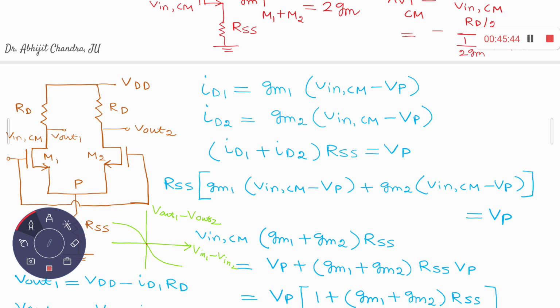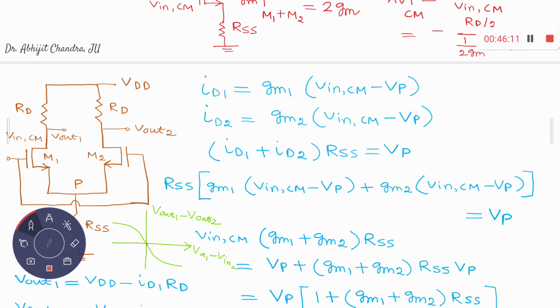And this is known as the common mode to differential gain. You must understand that this common mode to differential gain should ideally be 0. But if you incorporate this kind of non-identity into your structure, it will never be 0.